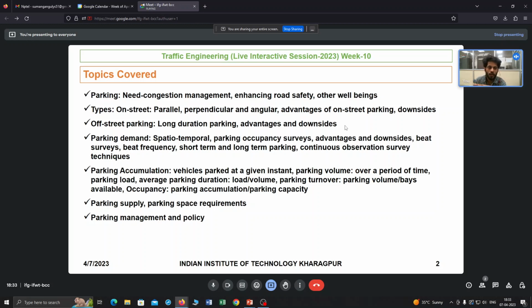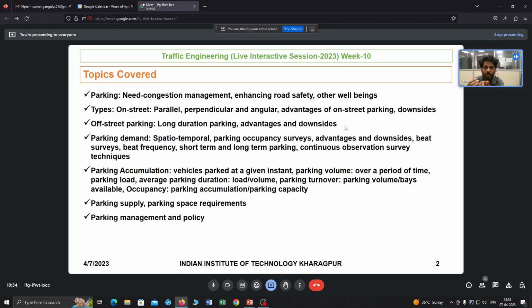There is something called bit frequency. Bit frequency means suppose you want to do this parking survey considering a 15 minute duration versus a 5 minute duration. If you do it for 5 minutes, you will be able to catch those fine details.